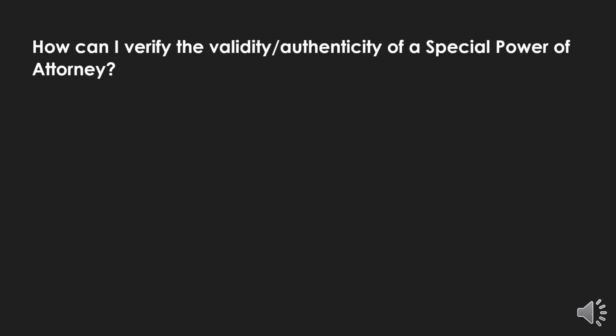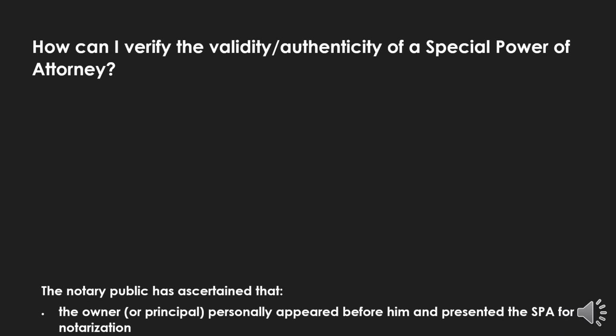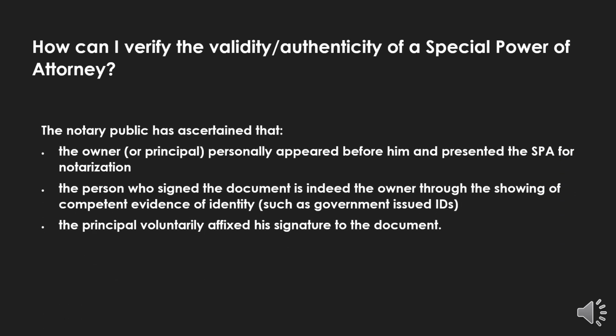How can I verify the validity or authenticity of a special power of attorney? You may verify the validity or authenticity of the SPA by checking with the notary public who notarized the document. Before notarizing the SPA, the notary public has ascertained that the owner or the principal personally appeared before him and presented the SPA for notarization.